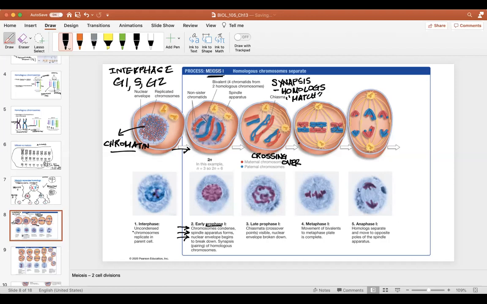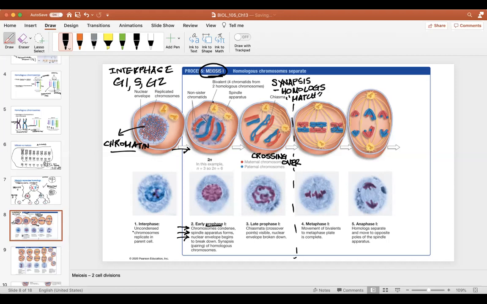So in prophase, let's just review. I'm going to draw a little line here just to review the things that have happened in prophase of meiosis 1, because this is an important step. So the first things that are going to happen are kind of review for us. We know that in prophase, chromosomes are going to condense, so the chromatin is going to pack into those little X shapes.